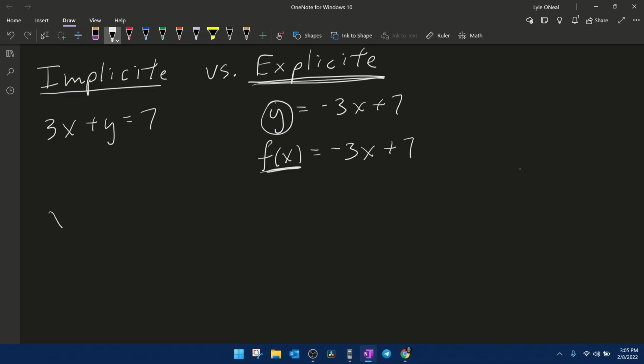One more example, let's say x times y equals 1. Again, this would be an implicit form because y is not isolated, but if I divide both sides by x, giving me y equals 1 over x, now it's explicit. Now I can write it in function notation, and we're all good, and that's the difference between implicit and explicit form.